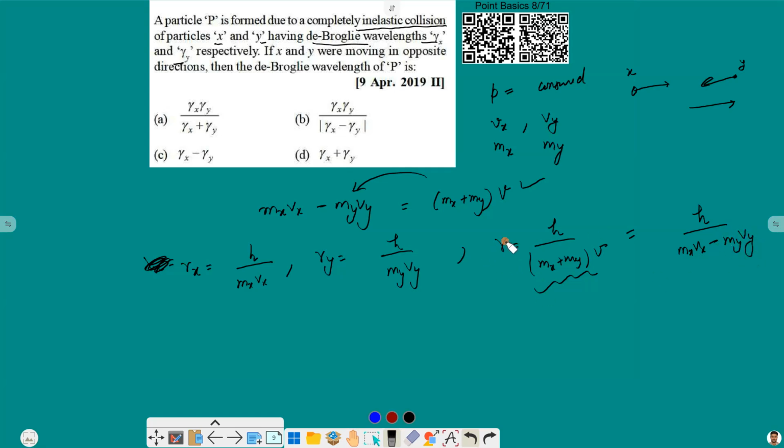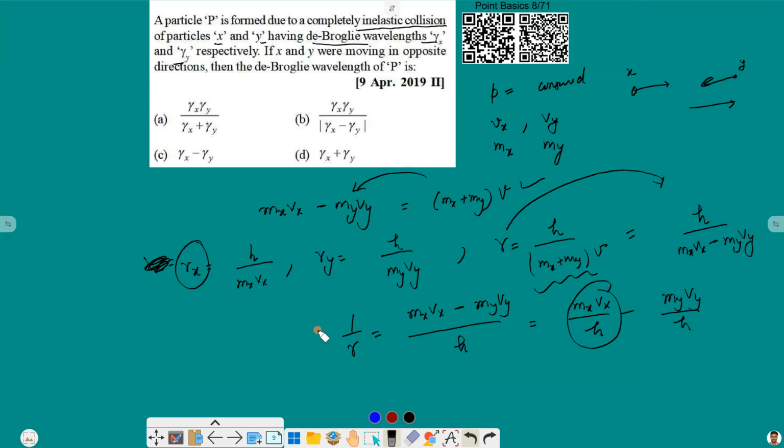Now if I take the reciprocal of this equation, I will get 1 by gamma equal to mx vx minus my vy divided by h. This can be written as mx vx by h minus my vy by h. Now this term is equal to 1 by gamma x.